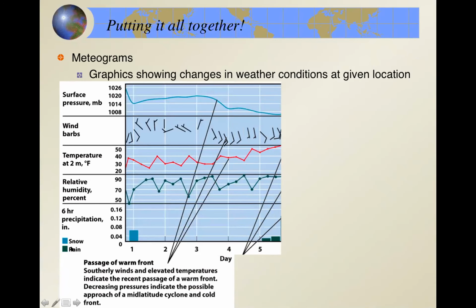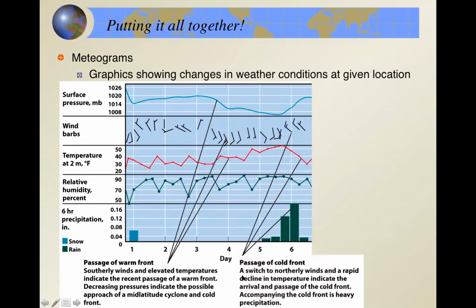And sure enough, if we continue to measure, that's when we get the passage of the cold front. There's a dramatic shift in the wind fields. The winds are actually now stronger, a dramatic drop in the temperatures, an increase in the pressures as the cold air is moving into our region, and accompanying that, the strong and heavy precipitation along the cold front.